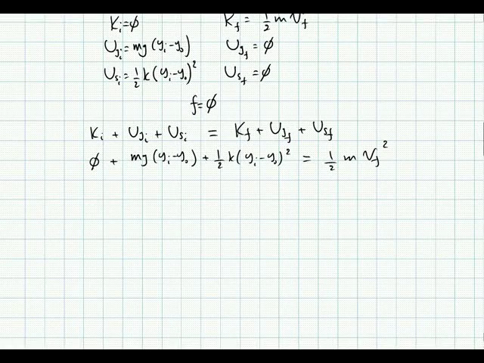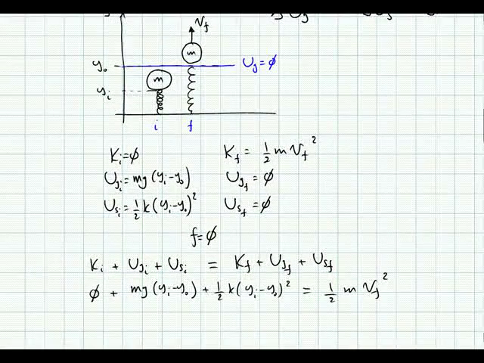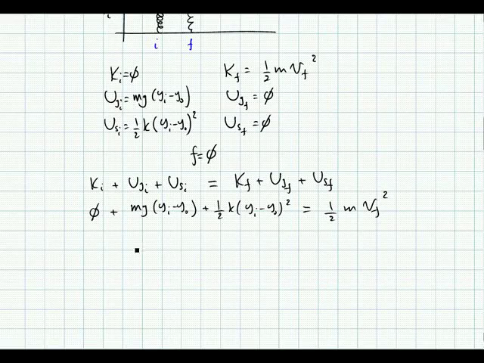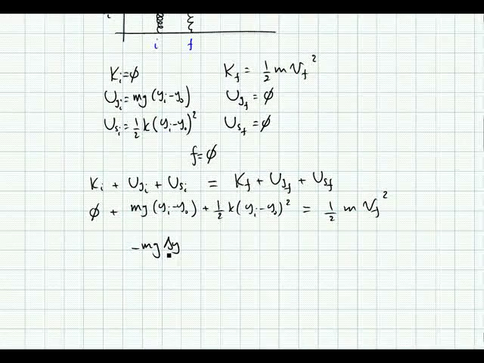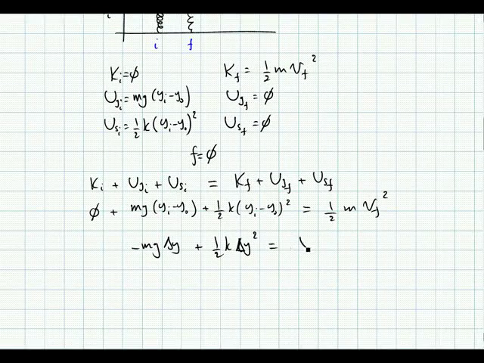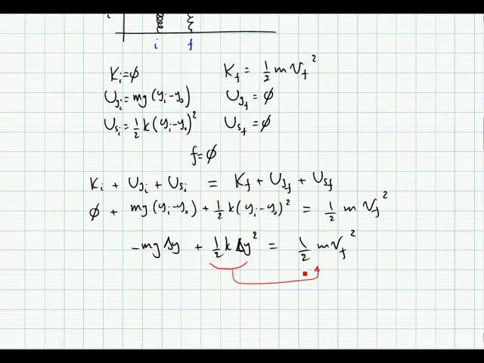you see that, well, first of all, y initial minus y naught is a negative number because y initial is below y naught. So here we have minus mg delta y plus 1/2 of k, well, let's just call this delta y squared, is equal to 1/2 of m v final squared. So notice that if the spring were compressed along the horizontal direction, then all the spring potential energy would have been transformed into kinetic energy.